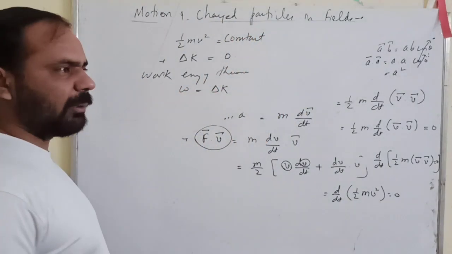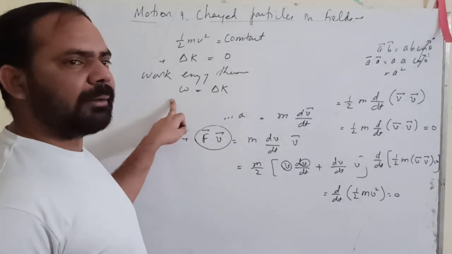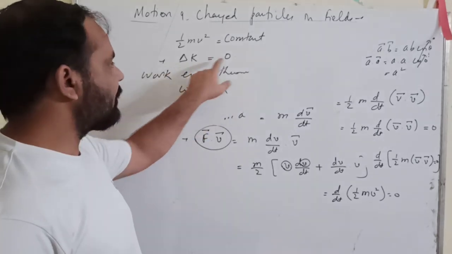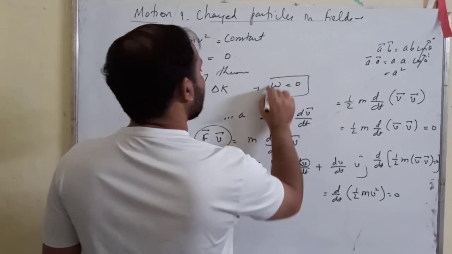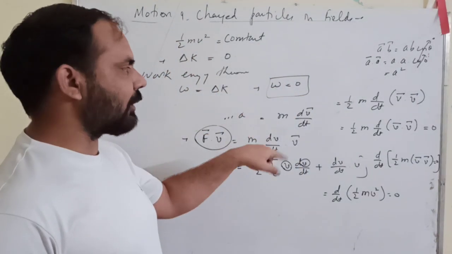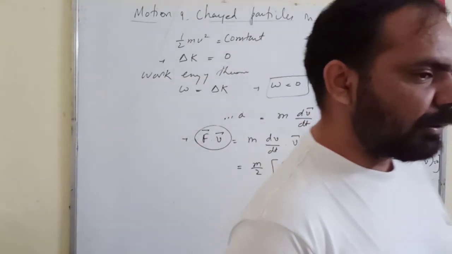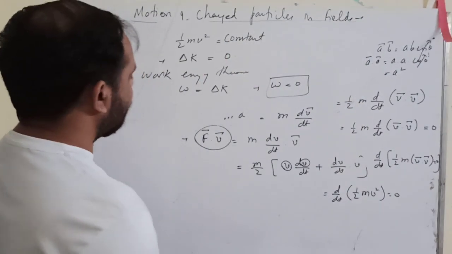The name of the theorem was the work energy theorem, and it states that the work done is always equal to the change in kinetic energy. Now how much is the change in kinetic energy? It is 0. So how much is the work? It is 0. So how much is the work done by the magnetic Lorentz force on a charge? It is 0. So this way we can prove that the magnetic Lorentz force cannot do any work on the charge.